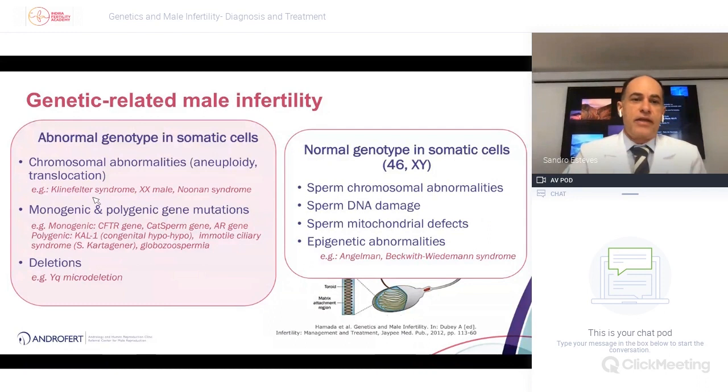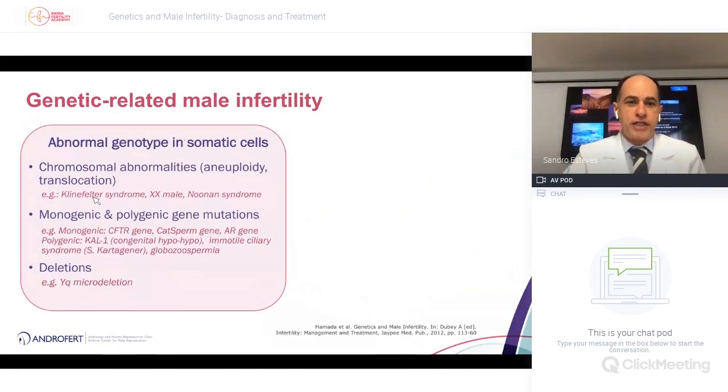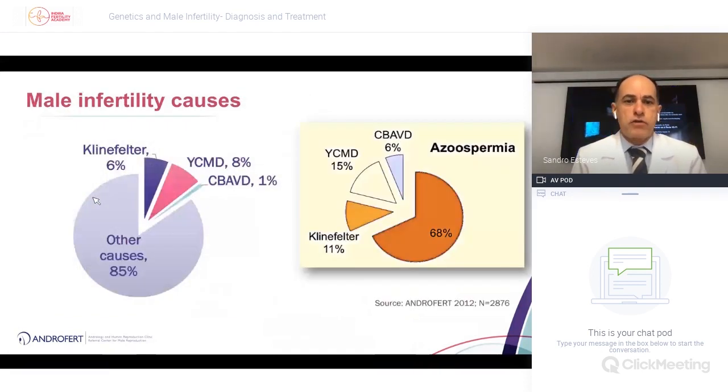Let's start with the conditions in which the genotype is abnormal in all somatic cells. These conditions, including Klinefelter syndrome, Y chromosome microdeletions, and congenital bilateral absence of the vas deferens, as you can see, could make up to 15% of the infertility cases.